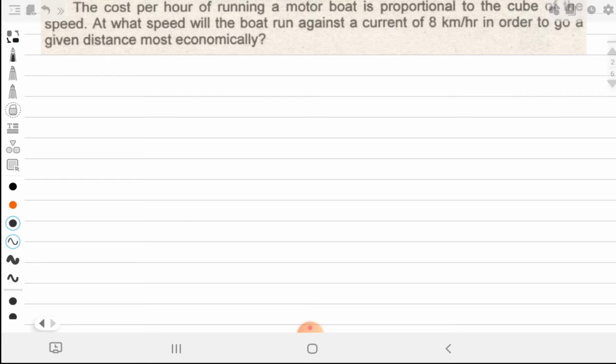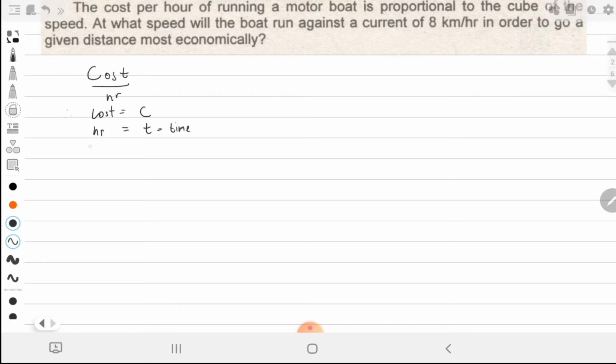So from here, it says the cost per hour, or I may say my cost is equal to C, and my hour or my time is equal to T, to make it shorter.